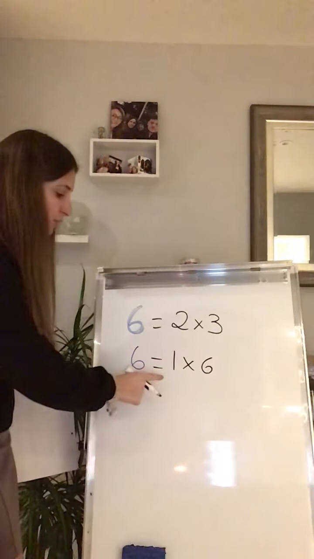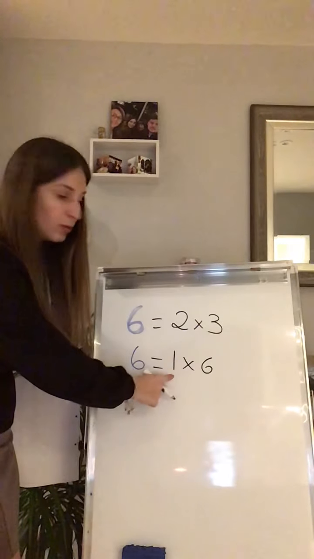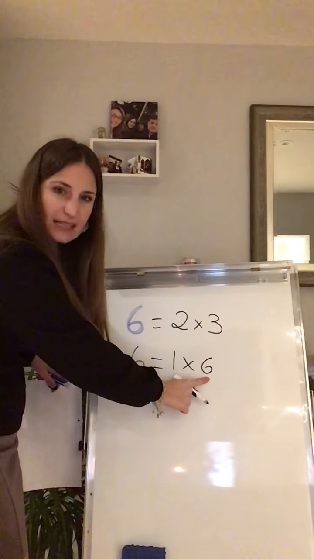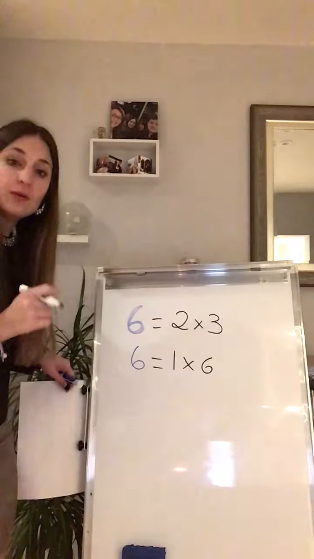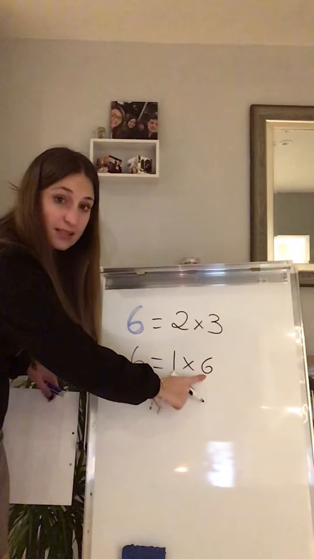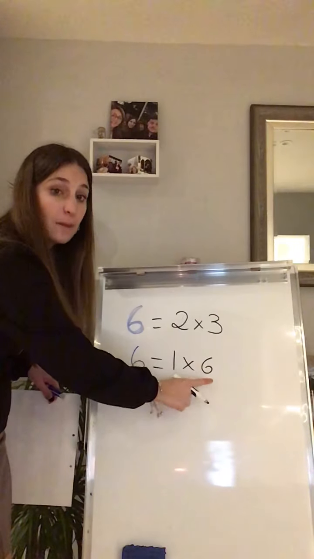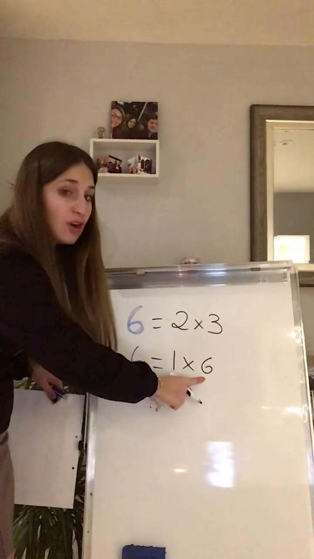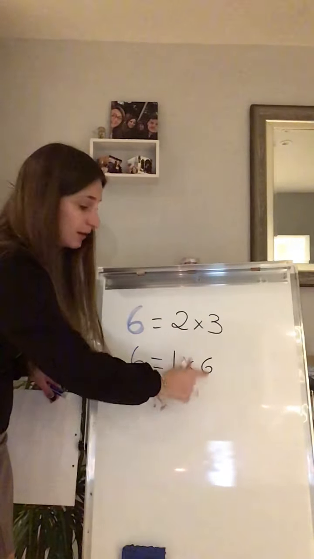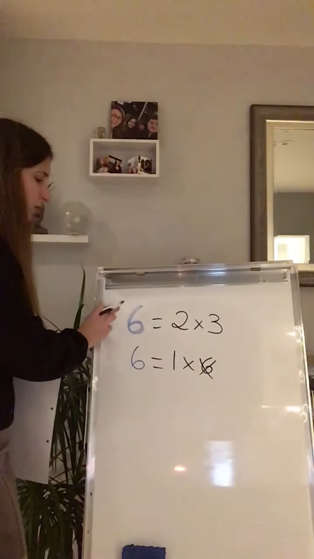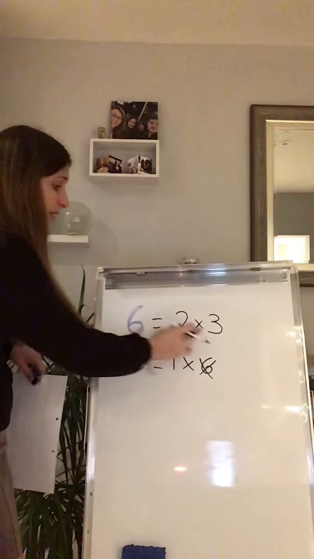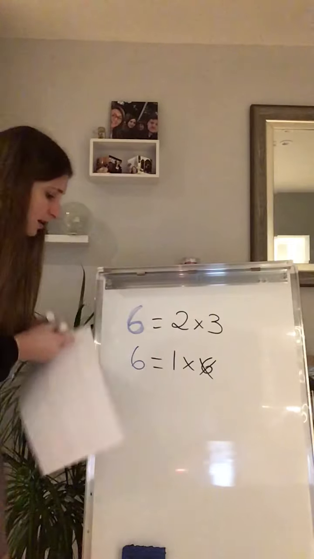Could I use the factor 1 and could I use the factor 6? No, you cannot, because 6 is a composite number, so it's not a prime number. So you cannot use that one. Could you use this? Yeah, because both of them are prime numbers.